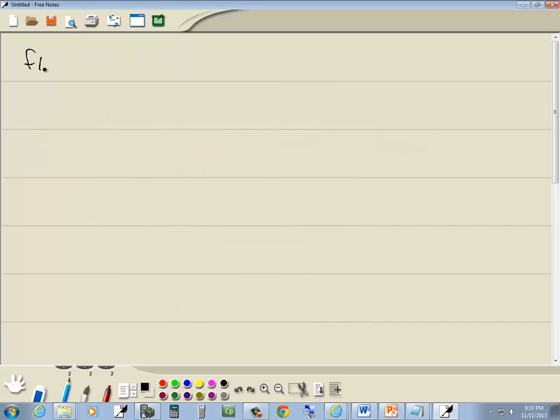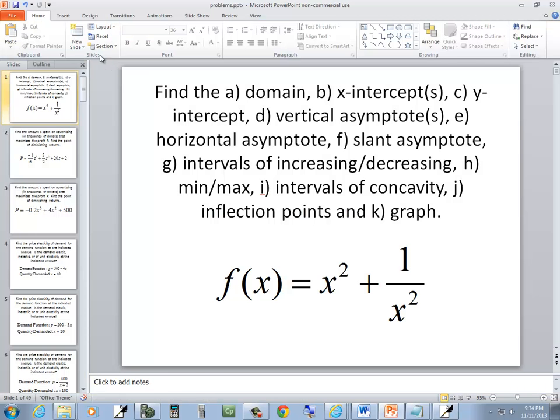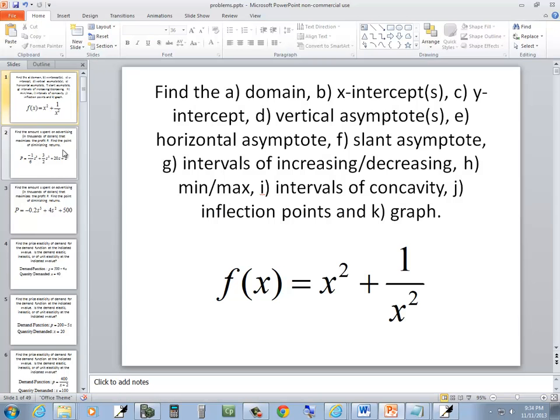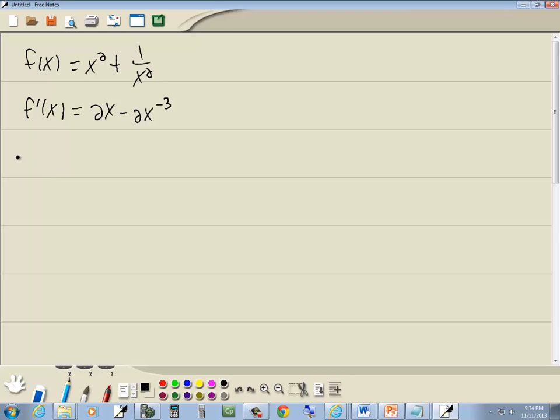Okay, now remember, our f of x was equal to x squared plus 1 over x squared. Our first derivative was equal to 2x minus 2x to the negative 3. Now we're ready for concavity, I. So we want to find our second derivative.